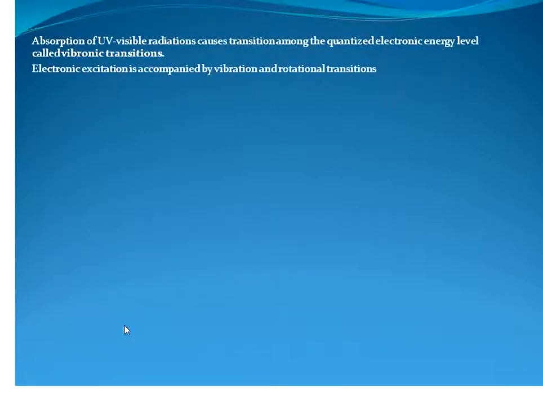So as we all know, absorption of UV visible radiations causes transitions among the quantized electronic levels. We can call them vibronic transitions, or we can call them electronic transitions. And remember that electronic excitation is accompanied by vibrational energy and rotational energy.